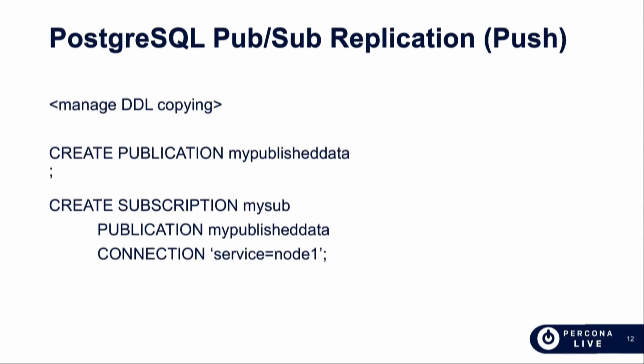Now once you've set up a publish and subscribe, it will stream the data changes from one server to the other, again in real time, allowing you to pass the data on from the main production database through to subsidiary applications within your enterprise.